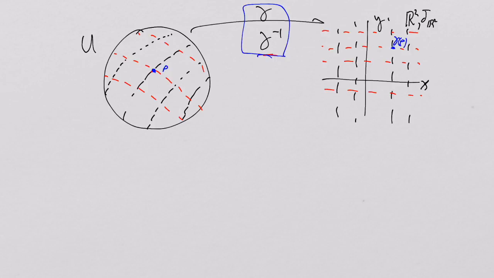So gamma of P lands over here, and where it lands, it gets its ordered pair, and I can put that ordered pair over here and label these points in this manifold with the coordinates that are assigned through gamma. So gamma assigns these coordinates, and then I look over here and write these coordinates down, and the locus of points that all have the same value of A are the black lines, and the locus of points that have the same value of B are these red lines.